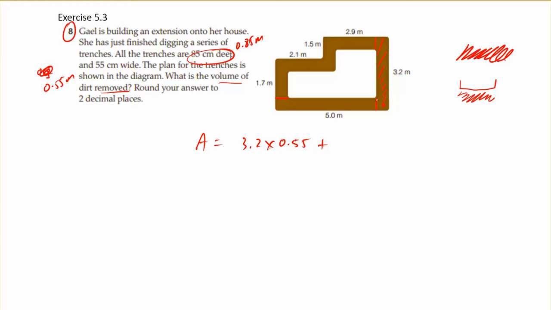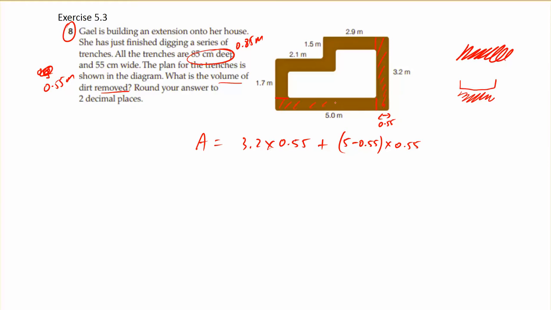Now, since I've used up this part of the corner already, it's 5 meters but less 0.55, because this little part here takes up 0.55 already. And I'm multiplying it by the width, which is 0.55.